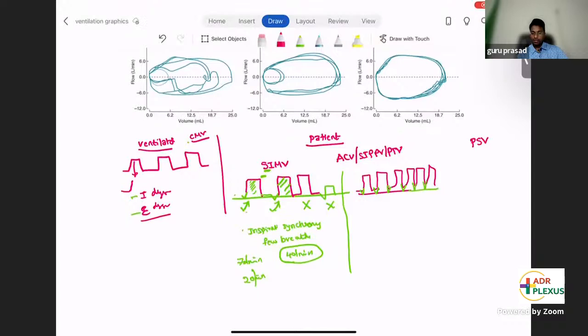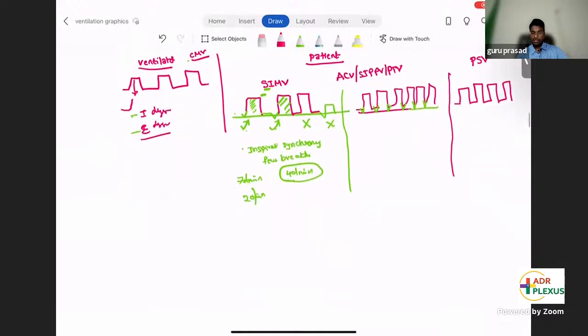Then what will happen in pressure support ventilation? In pressure support ventilation, all breaths will be supported by the ventilator. But what is the difference between assist control and pressure support ventilation? The difference comes in the case of cycling. Let us assume in a ventilator, the parameters we set are PIP, PEEP, TI, and respiratory rate.